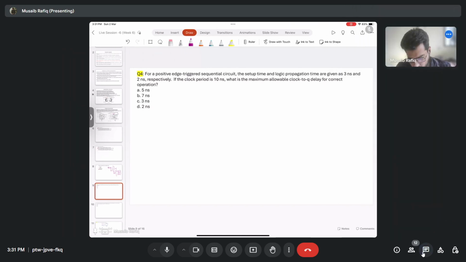Yeah. So what we have here is a T setup of 3 nanoseconds, T propagation delay of 2 nanoseconds, and clock period of 10 nanoseconds.